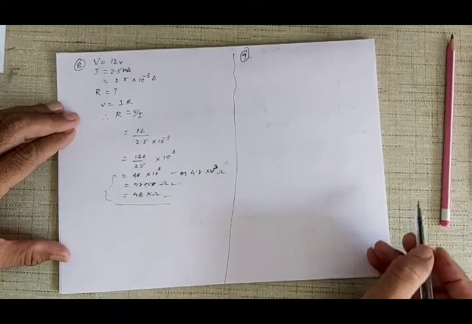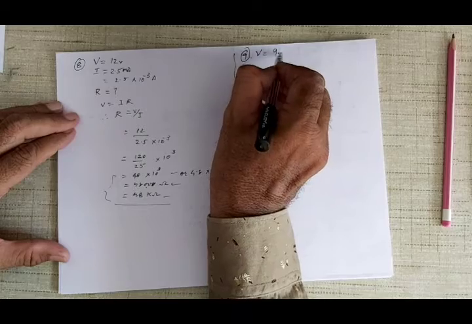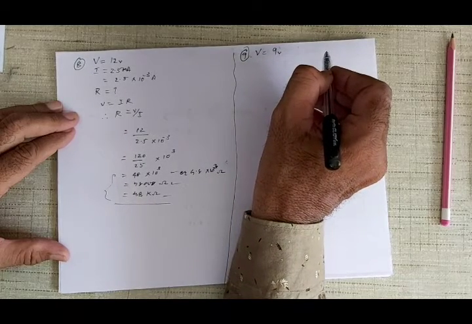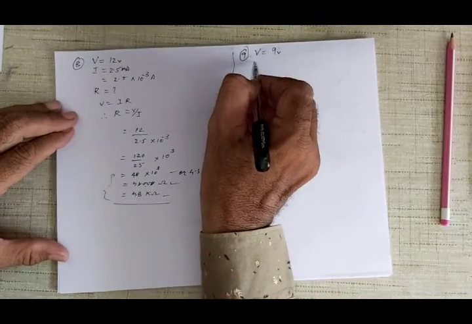All right, now see the 9th one. A battery of 9 volts is connected in series with resistors, respectively. How much current would flow through the 12 ohm resistor? Now you see it is connected in series.